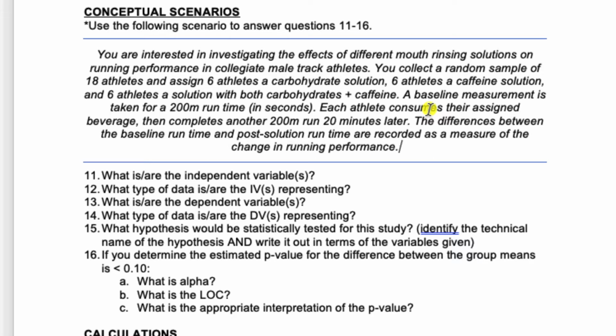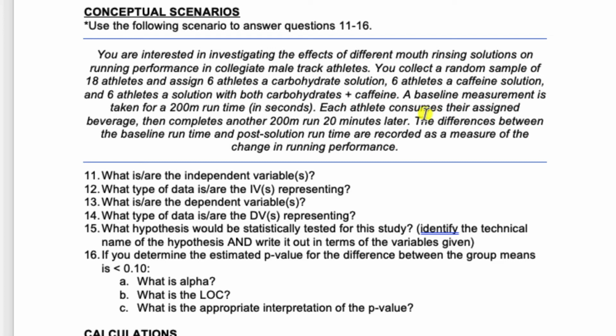And then for the flip side, if we had a faster run post-solution compared to baseline, we would get a negative value indicating that time was shaved off of the run. Okay, we're not actually working with any values here, but just so you have an idea of what type of values we would be assessing.